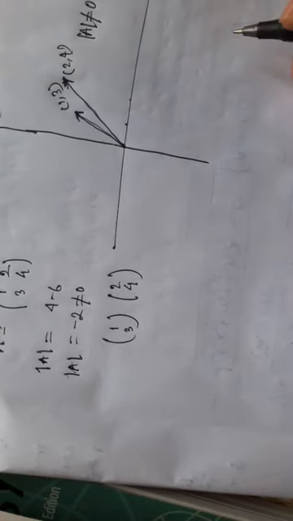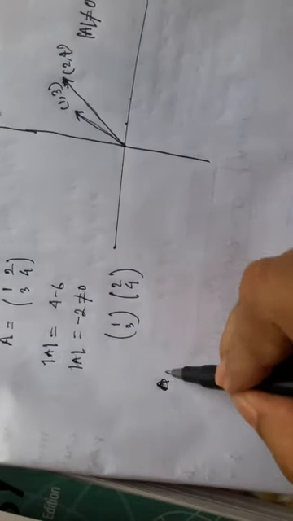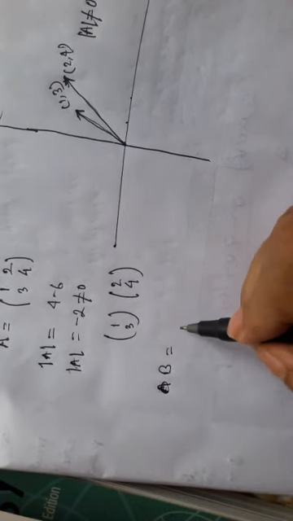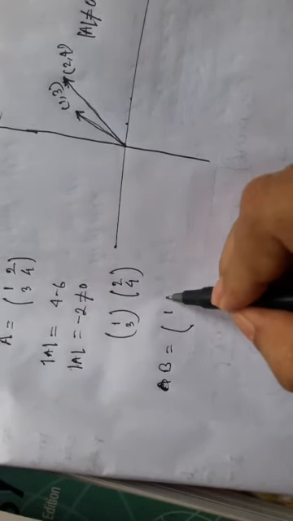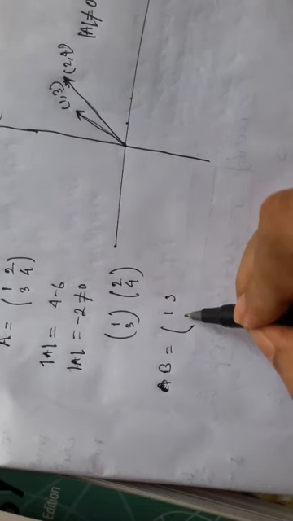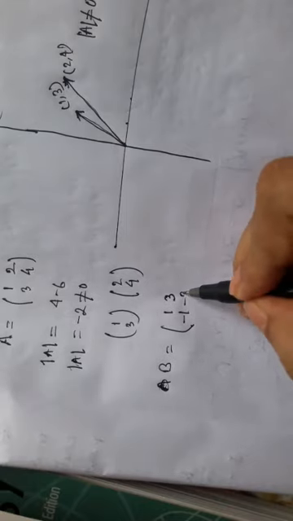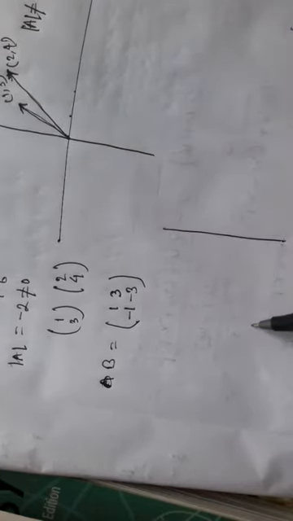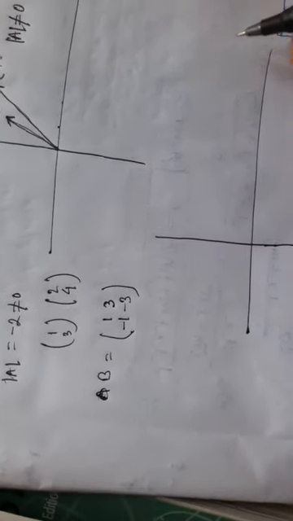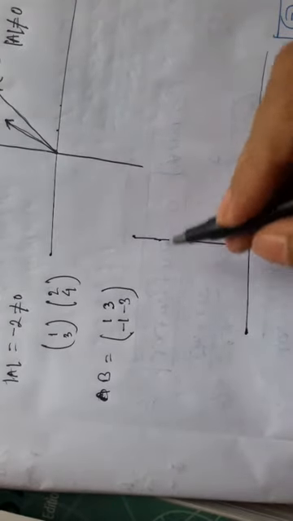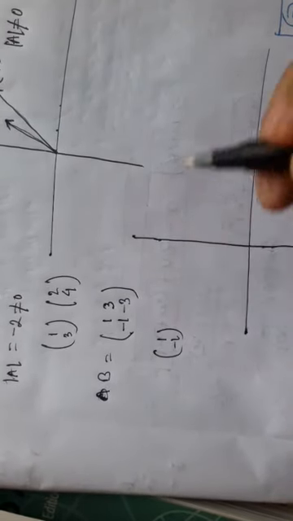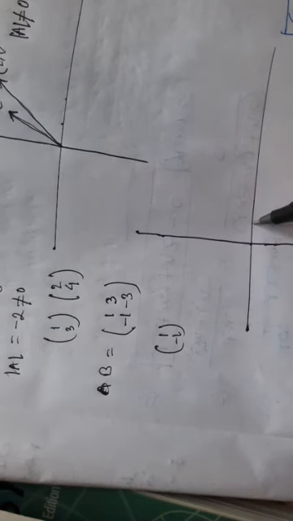Let me consider a singular matrix, that is [1 -1; 3 -3]. Now first we plot 1, minus 1.